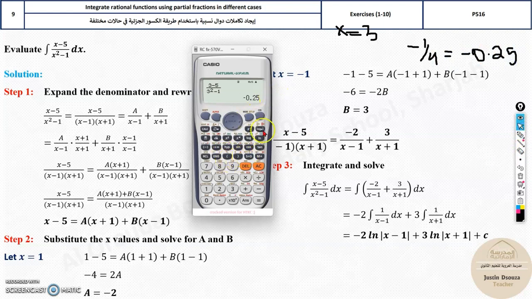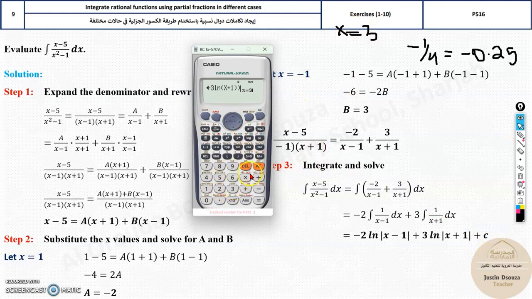You can check it. Now, all I need to do over here is the same thing, but with definite integral. So all I have to do is write it as it is, natural logarithm alpha x minus 1, close the bracket, plus 3 natural logarithm alpha x plus 1, close the bracket, and then c is the constant, it will be 0, so don't write it.